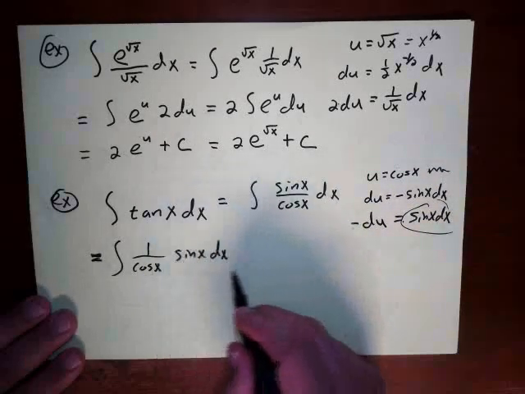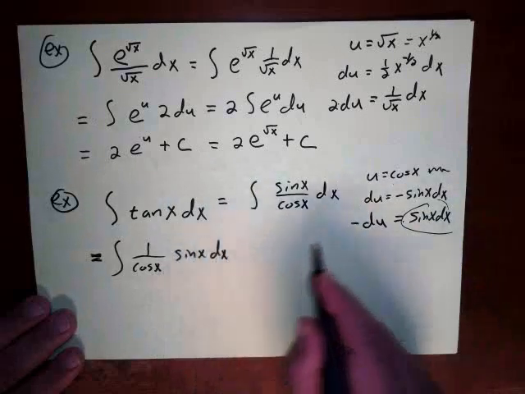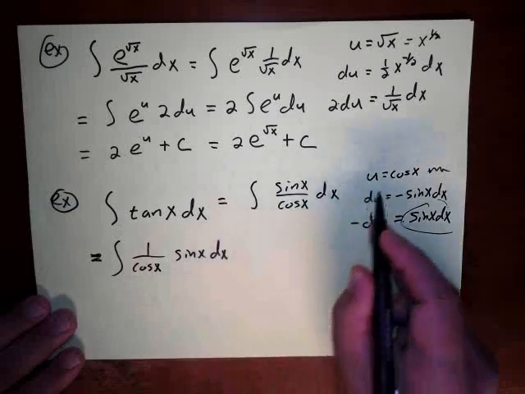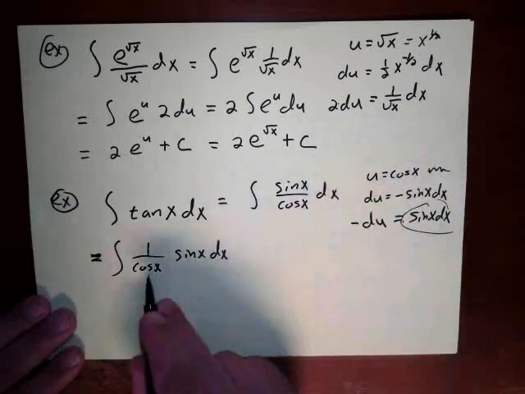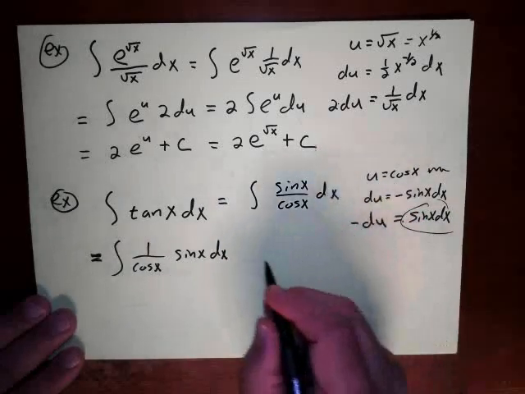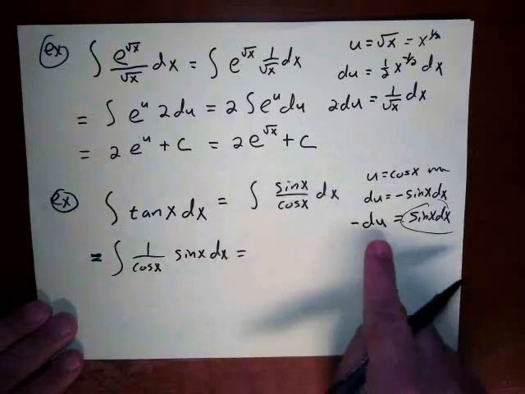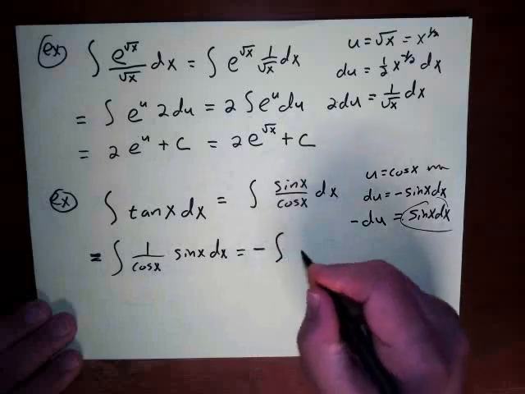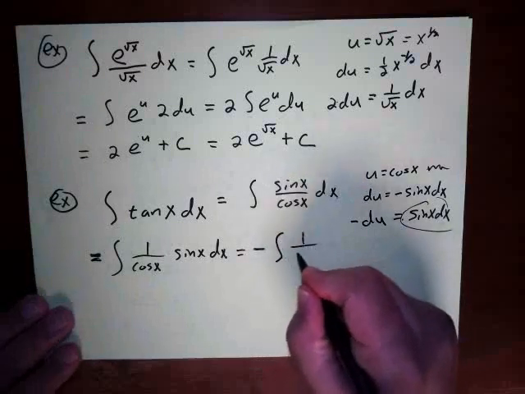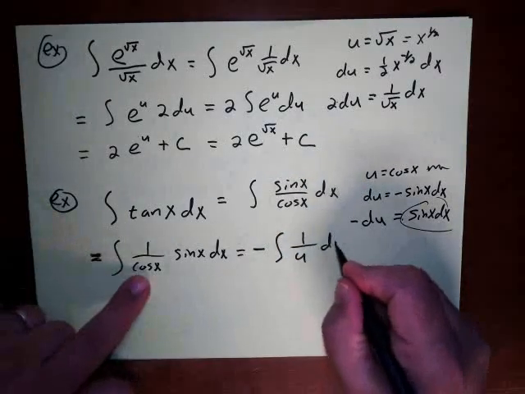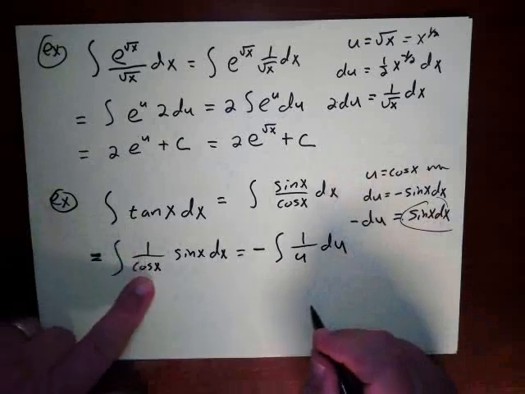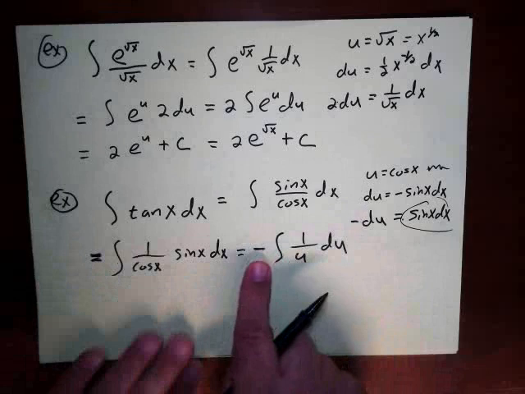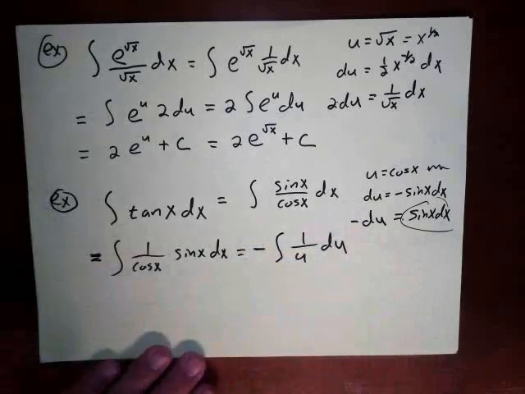This is equal to that, so in for all this, I can put negative du, and then in for this cosine x, I can put in u. So when I put in negative du, I'm just going to put my negative out front, and then I get the integral of 1 over u du, because I'm putting u in for cosine x, and in for sine x dx, I'm putting negative du.